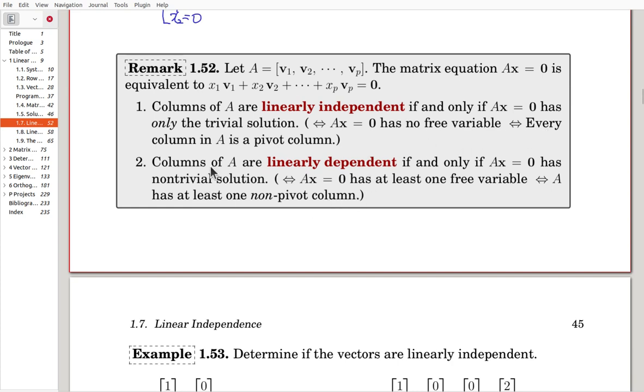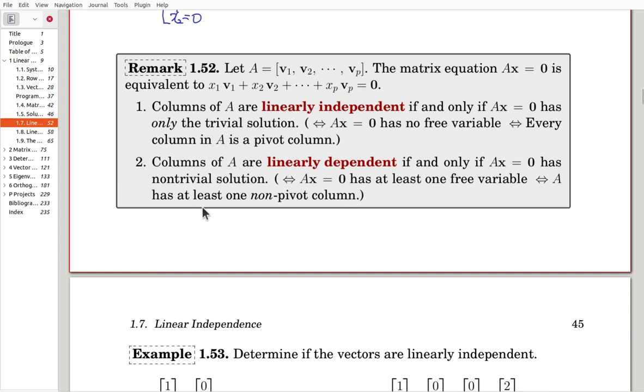Columns of A are linearly dependent if and only if the homogeneous equation has a non-trivial solution. And that is also equivalent to this statement: Ax equals 0 has at least one free variable, so that it can have non-trivial solutions.